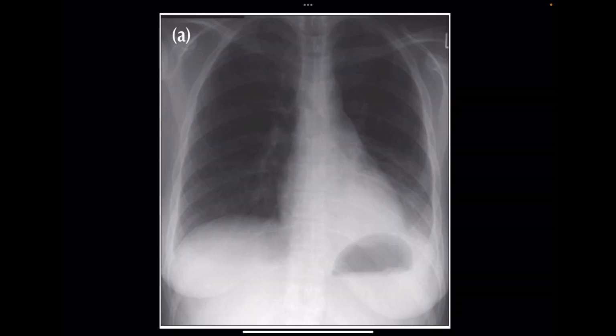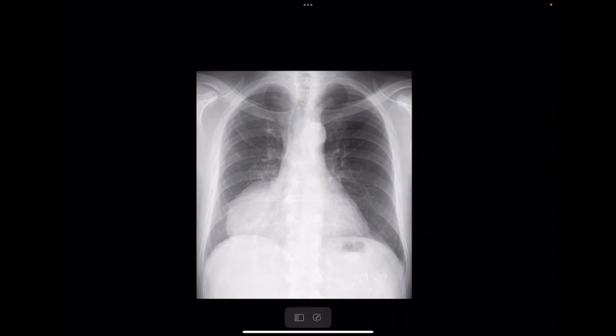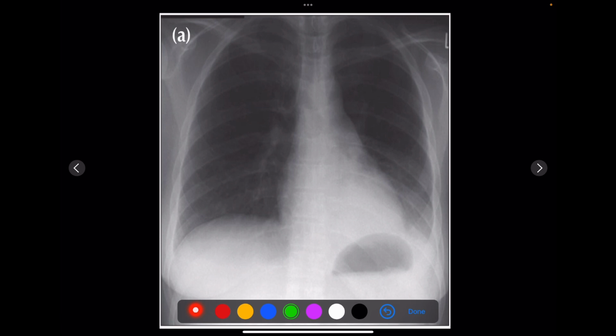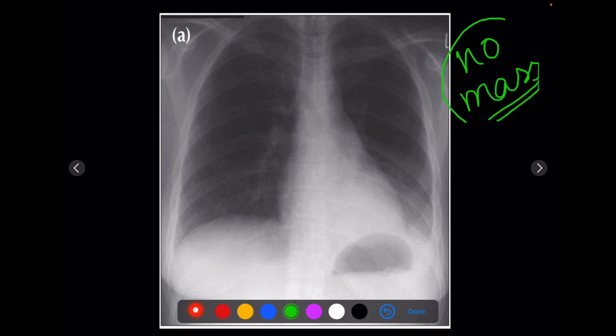Now this is another X-ray. Apply this yourself and find out where the mass is. Okay. So one important point is here that in this X-ray there is no mass, there is no lesion, there is no mass.